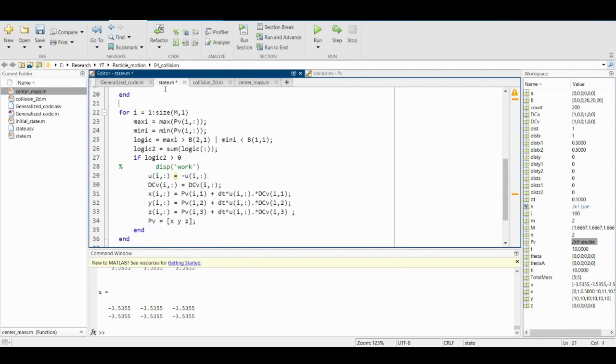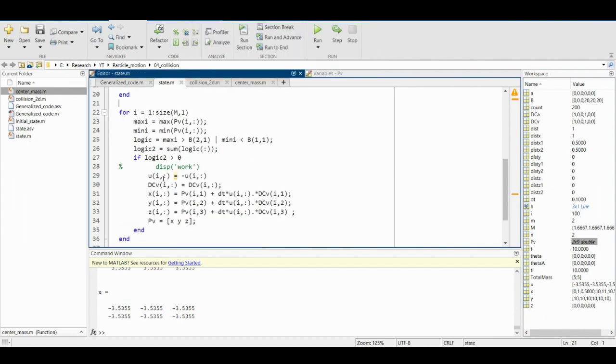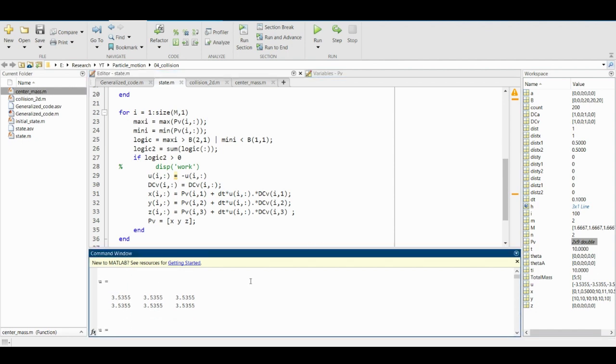Okay. In here now, let me see what's the value. Something is happening here. After logic is hitting, u, this is the first one.